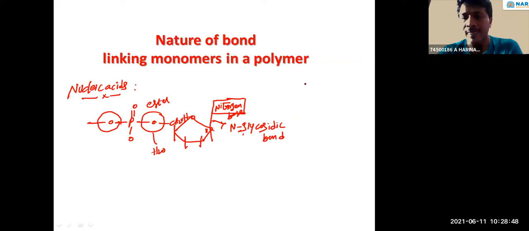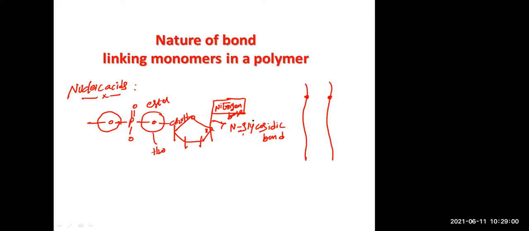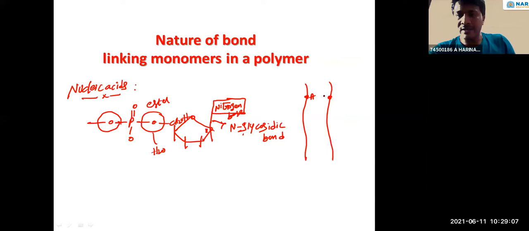So see here. What is the backbone of DNA? I told you, very, very important. What is the backbone of DNA? Sugar phosphate chain. So here adenine, thymine: the nitrogen bases are present inside the helix.